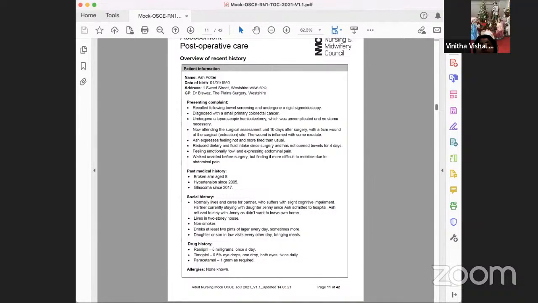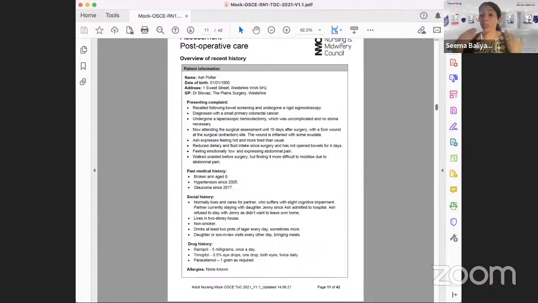Short of breath. So this is the first thing that you will see, whether the patient is short of breath or not, because you can actually see it. If someone is short of breath, then they will be using the accessory muscles, and there might be some wheezing or stridor, depending upon what the problem is.